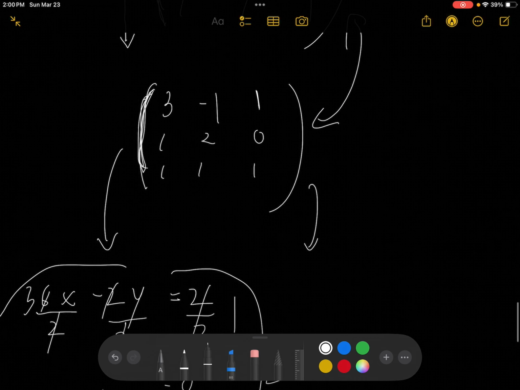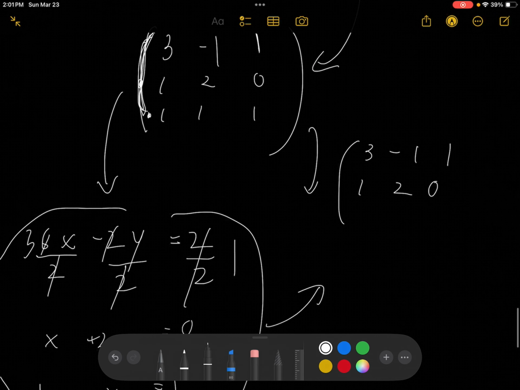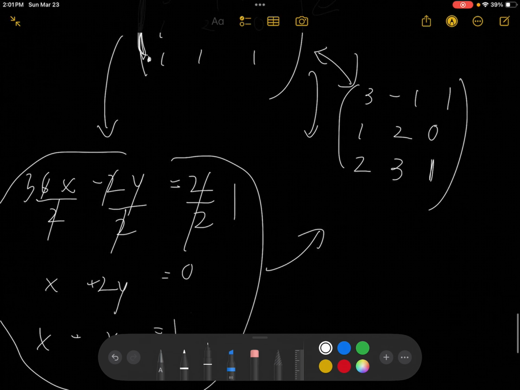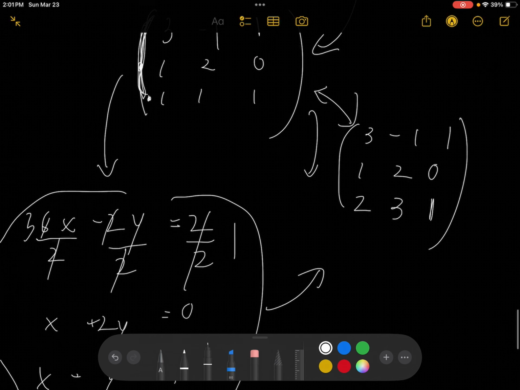And then the last operation we can do is replace a row with a scalar multiple of itself plus another row. So let's replace the third row with 1 times this row. So the matrix we're going to end up with looks like this. And this matrix have the same solution set.